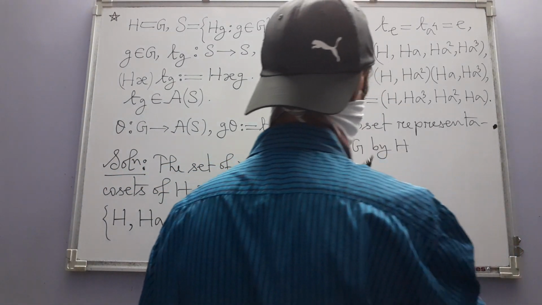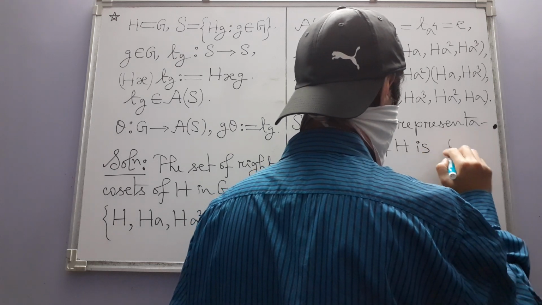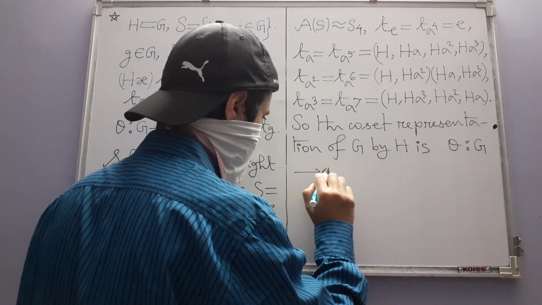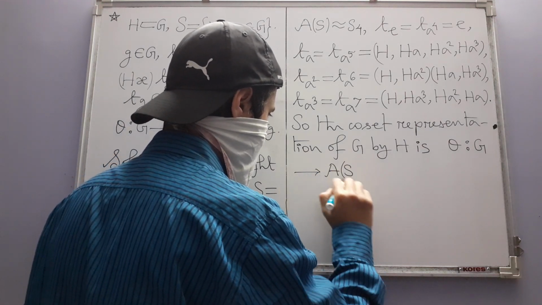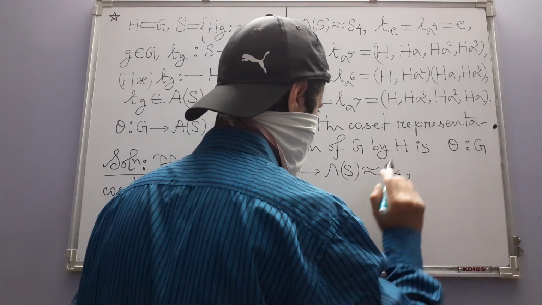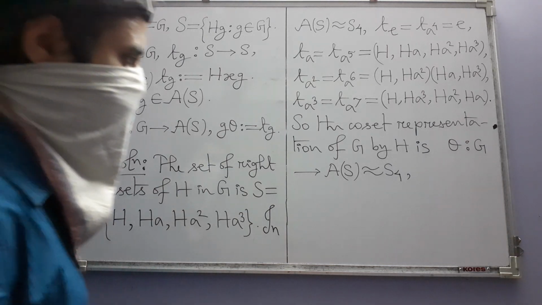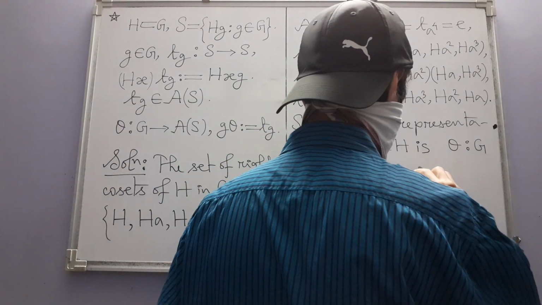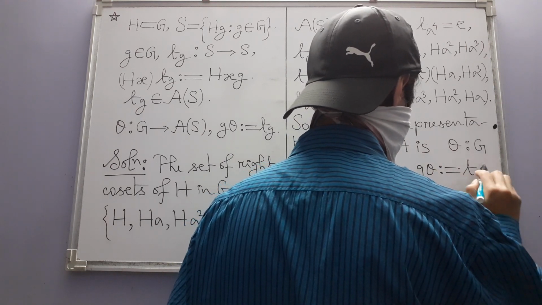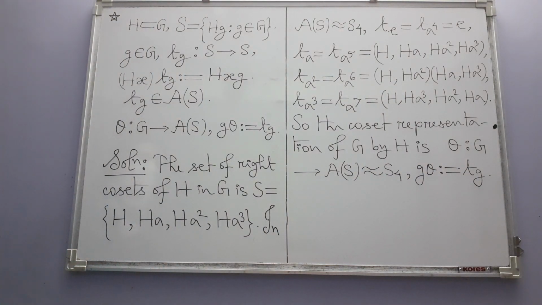So we should write this: G by H is the map theta from G into A of S, and A of S, just to see what it is, you can write that it is isomorphic to S4. And the definition of theta is going to be, of course, always just this. So that's the solution.